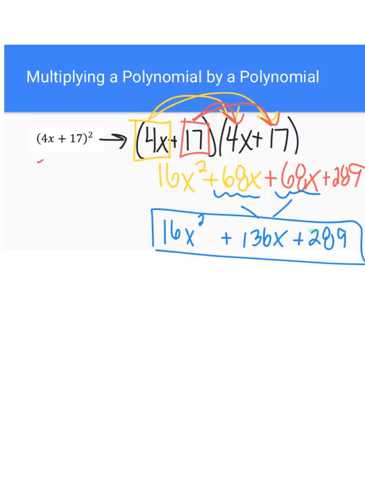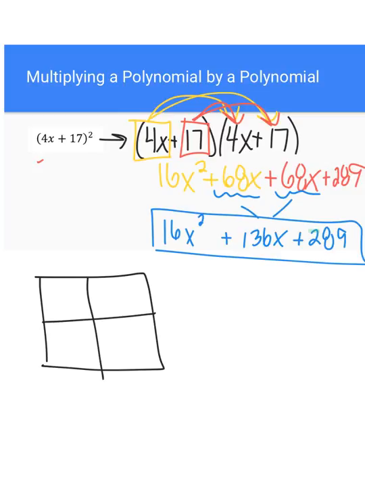Okay. Now there is a way to organize, if the double distribute and the 4 terms, it's getting a little bit messy, you can always organize, just show this as a little addition, we'll call this the box method here. You can organize your terms with the 4x plus 17, and over here we've got 4x plus 17.